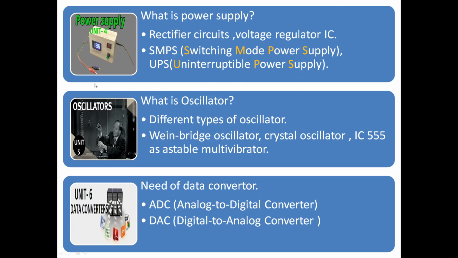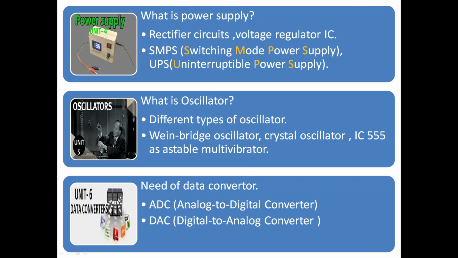Then next chapter is oscillator, and this is your chapter number 5. In this chapter, we will learn what is oscillator, different types of oscillator, and some types of oscillator included in your syllabus, like Wien bridge oscillator, crystal oscillator, IC555 as an astable multivibrator.